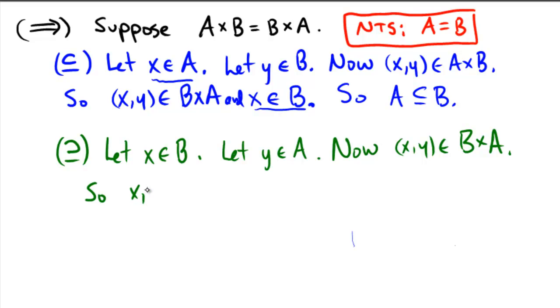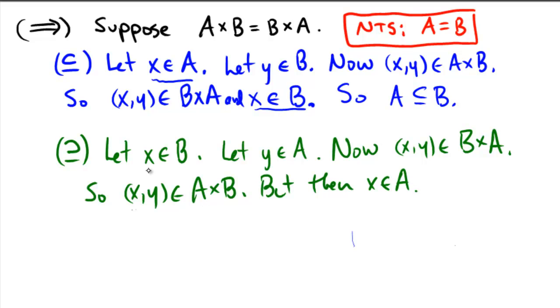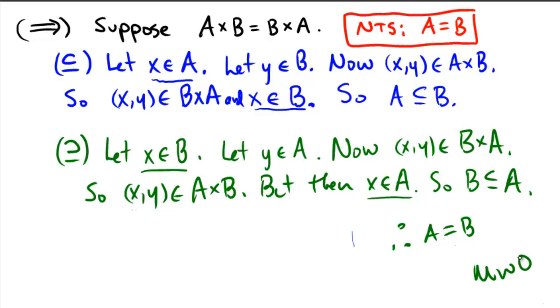So X comma Y is also in A cross B. But then we have X comma Y in A cross B, so X, the first element of the ordered pair, must come from the first part of the Cartesian product, which is A. So X is in A, and so we took an arbitrary X in B and we showed that it's in A, so we get that B is a subset of A. That completes the double containment proof, so therefore A equals B, and that completes the forward direction of our proof.